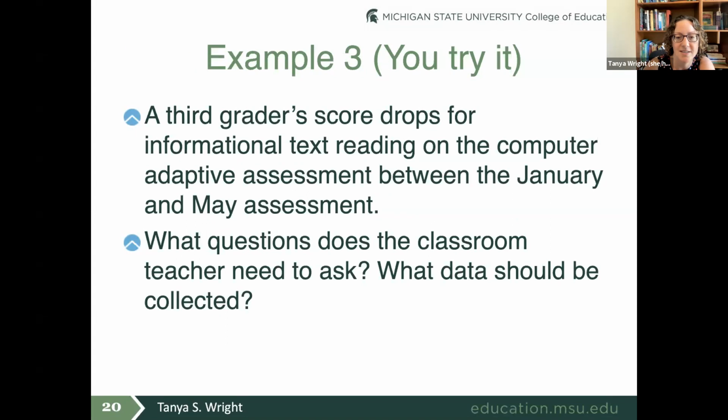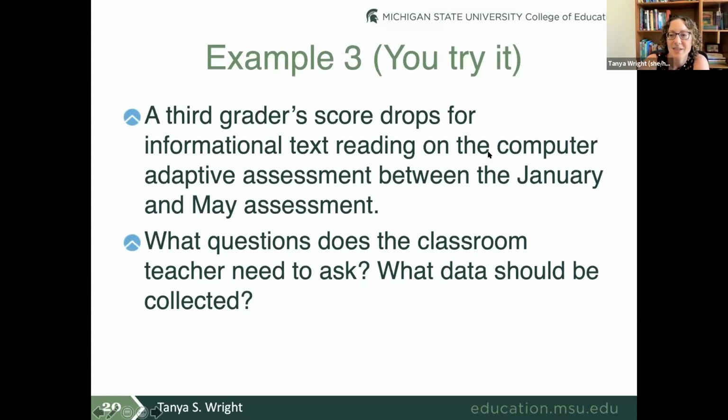What questions would you help the classroom teacher to ask, and maybe what data would that teacher need to collect based on this information? So have a little think and type some phrases in the chat like we did earlier today about what classroom teachers could do to figure out about assessment to inform instruction for the student.